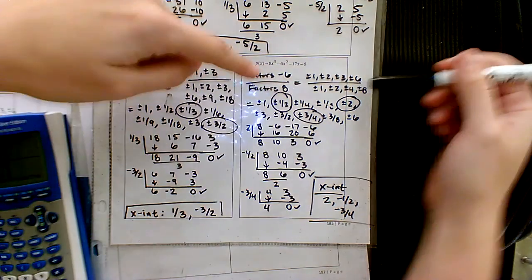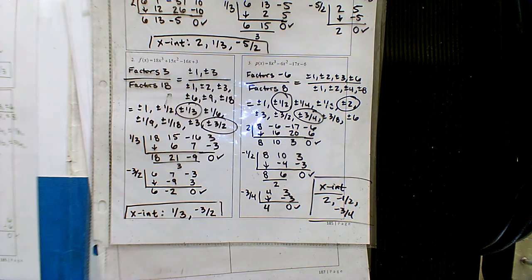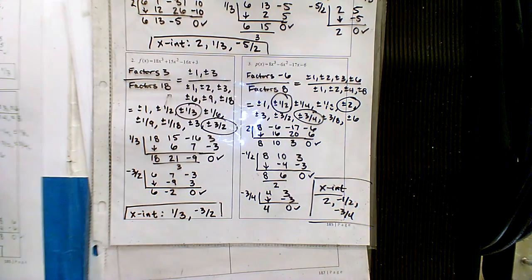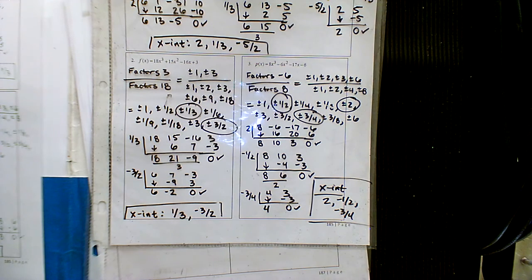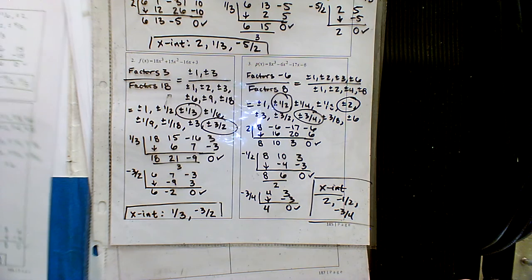But I do want to see this work. I know your calculator can, is that what you're going to say? Yep. I know your calculator can do it for you because it has that capability. But I need to know that you understand this method, this technique, okay? For those of you that had Mr. Konjak last year and you didn't have a calculator, you would have had to done this 20 times, okay?